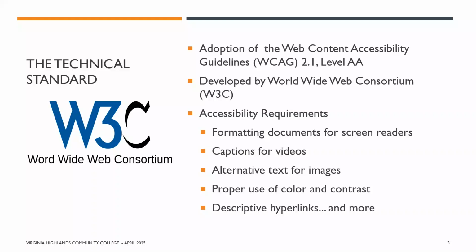Developed by the World Wide Web Consortium, these guidelines cover a wide range of aspects, from providing properly formatted documents for screen readers, captions for videos, alternative text or alt text for images, proper use of color and contrast, descriptive hyperlinks, and more. Familiarizing yourselves with WCAG 2.1 Level AA is key to understanding and implementing these new rules.